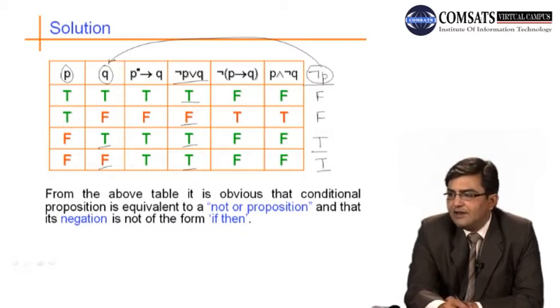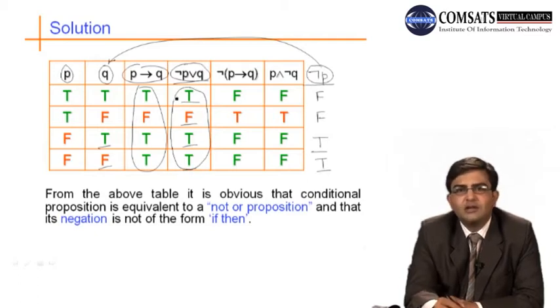So now we can see that P implies Q, or if P then Q, is logically equivalent to not P or Q, because all the truth values of P implication Q are exactly equivalent to the truth values of not P or Q. In the first row we have true, true, second row false, false, then true, true and true, true.